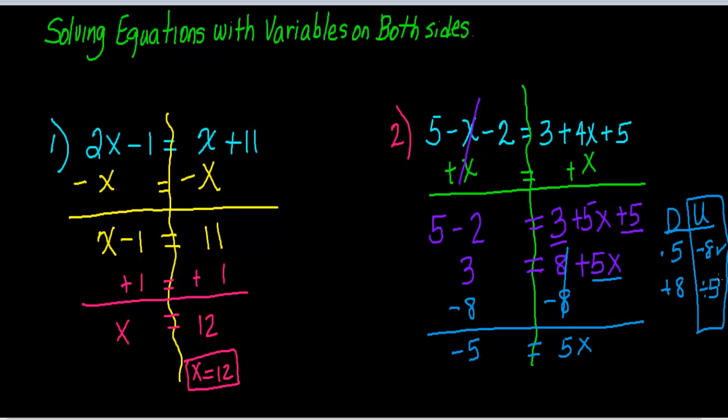Next step is divide by 5. So I'll divide by 5 here, and I'll divide by 5 here. Negative 5 divided by 5 is negative 1, equals, and 5 over 5 is 1, so this is 1x. And remember, we always write the variable to the left. So your answer is x equals negative 1, and you're done.